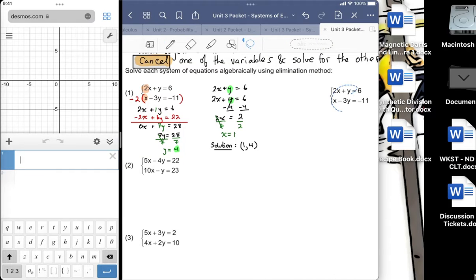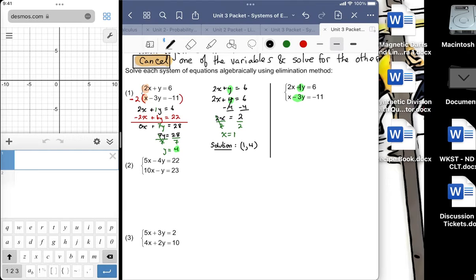All right. So the other possibility is we could have gone from the beginning and looked at the same system of equations, but then you might have said, you know what? Instead of getting rid of the x variable, maybe I want to get rid of the y variable. So you'd ask what it's going to take to get these two to cancel out. You'd look at the y coefficient in the first equation as being a 1.